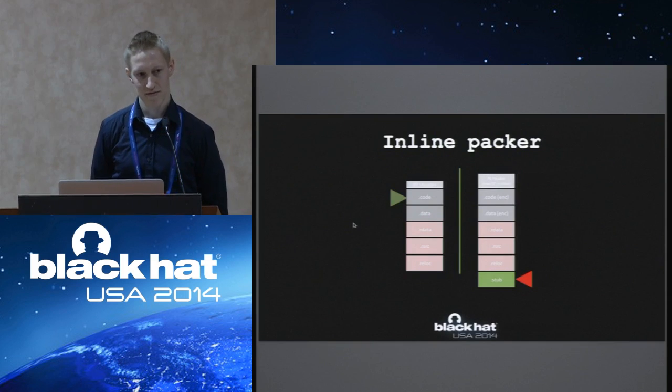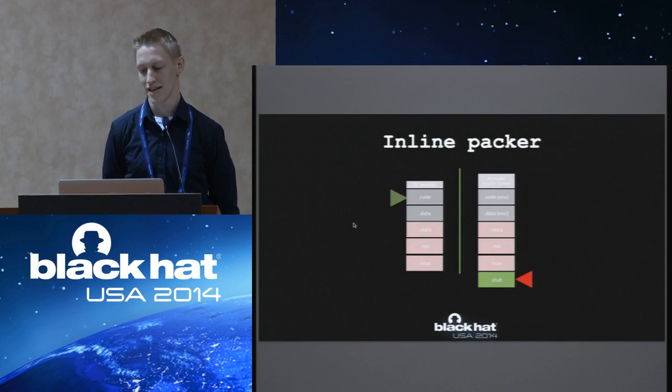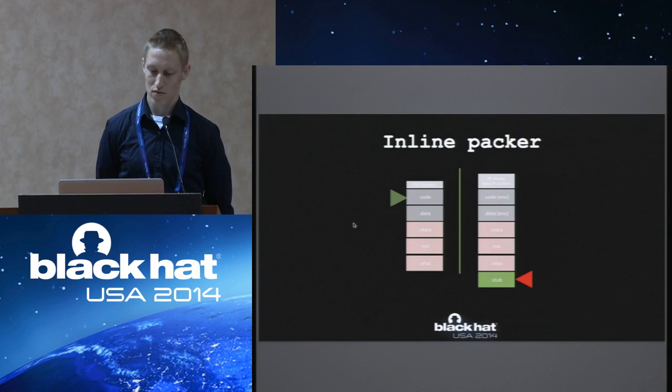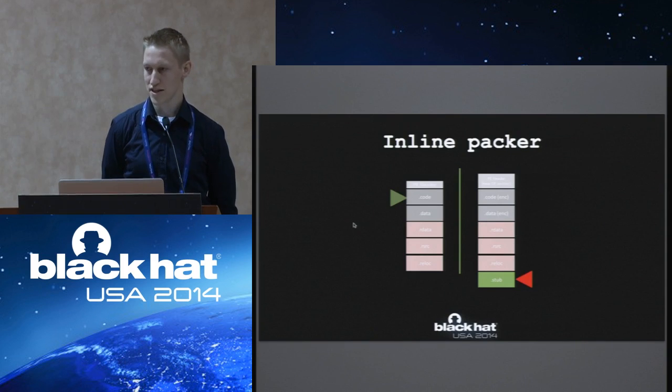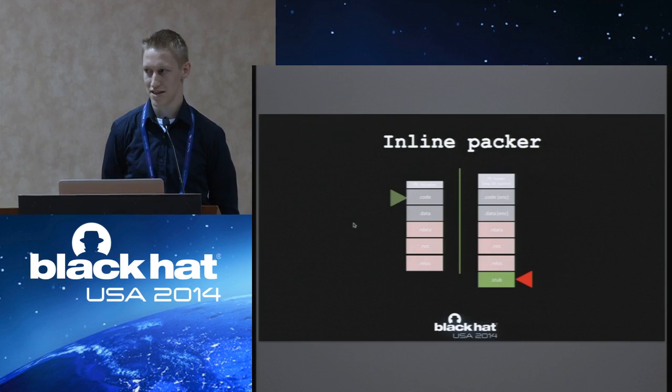First of all, we've implemented a simple packing technique, which we called inline packer. On the left we have the input executable that we want to pack, and on the right we have the final executable generated by this packing technique. The packer will statically encrypt the code and data sections inline, and append our stub as a new section.